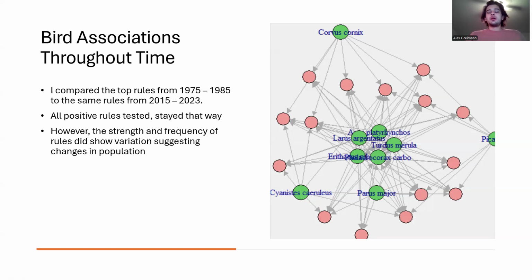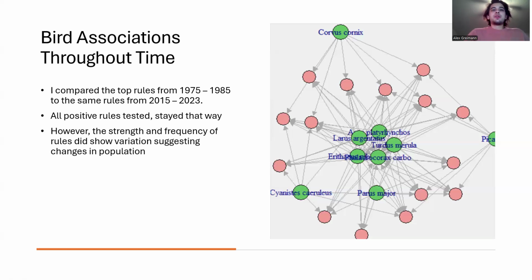So I performed rule mining on that decade, and then compared that to the most recent 8 years, so 2015 to 2023. The top rules from 1975 to 1985, all of them stayed significant in the new decade.